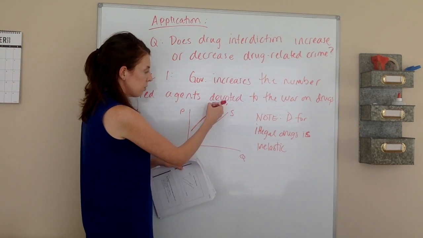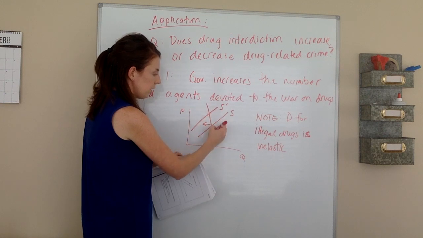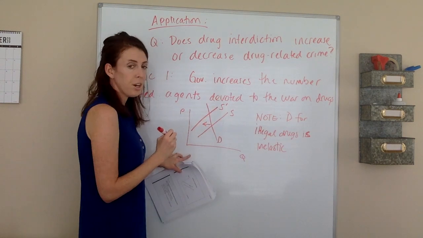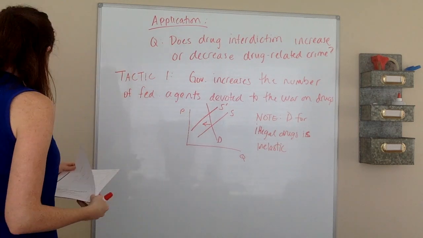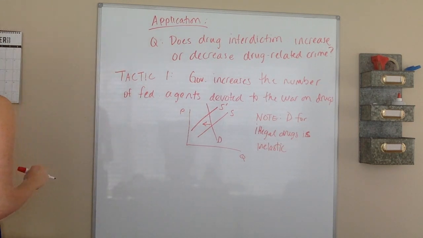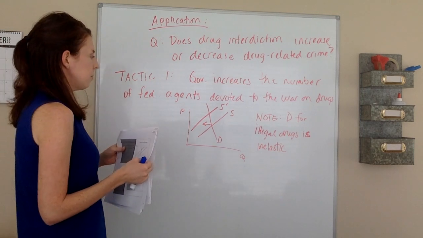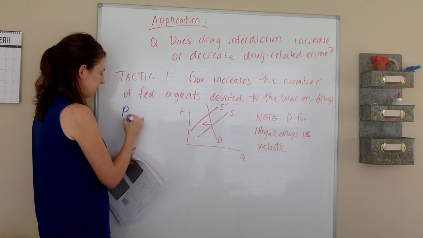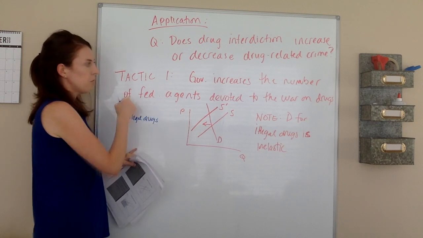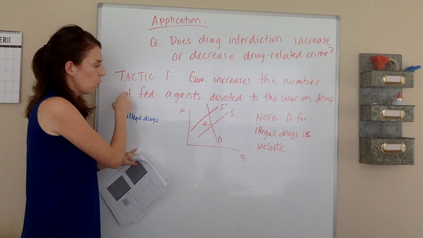So when we draw the demand curve in here, it's not going to be straight up and down, but it's pretty close, it's going to be steep. Okay, what we have here, if you haven't noticed, is a ton of information about what's going to happen to the market. The first thing we can note is what will happen to the price of illegal drugs if the feds come in and hire a whole bunch of agents.